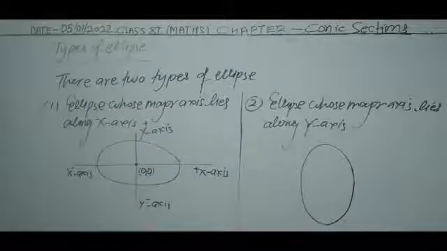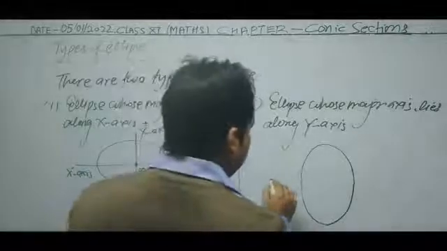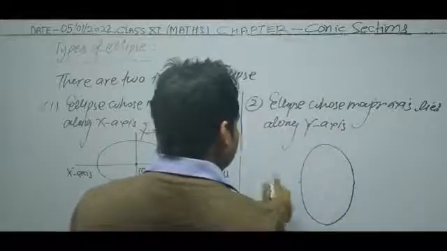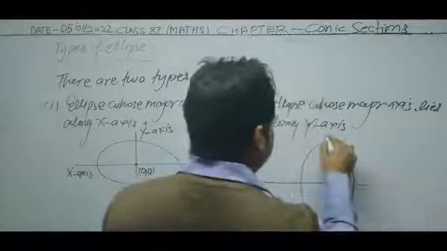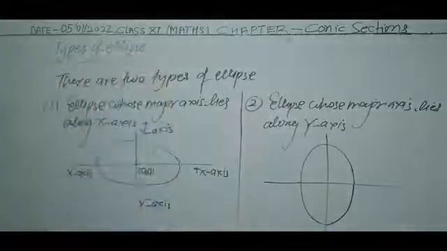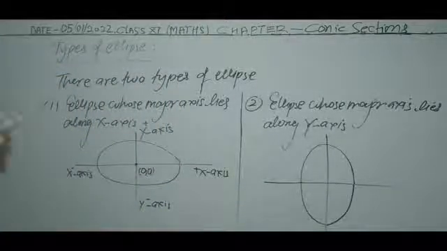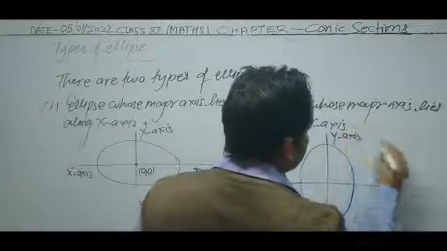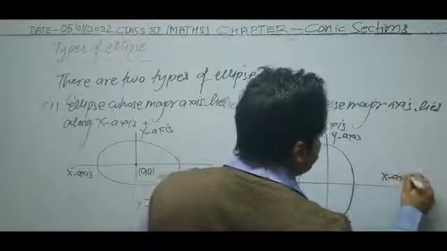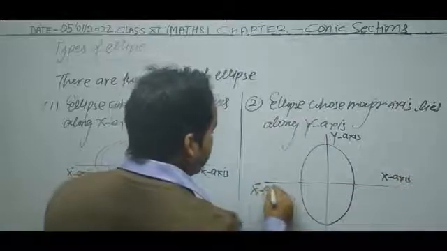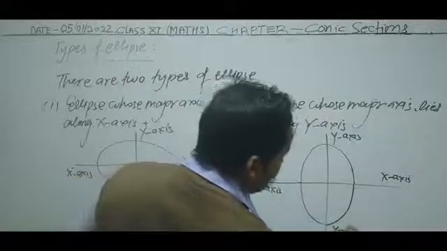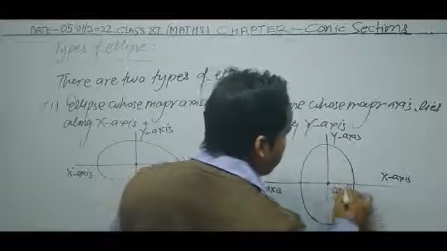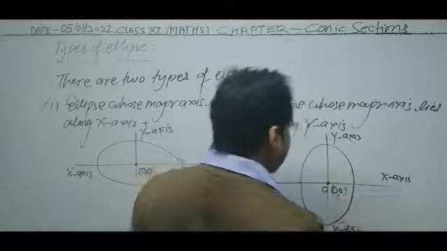This is the y-axis, this is the x-axis, this is x negative axis, this is y negative axis, this is the origin, meaning center of ellipse.